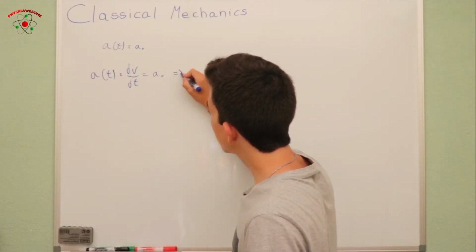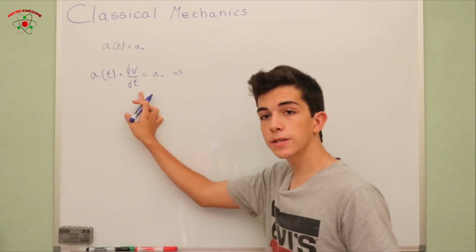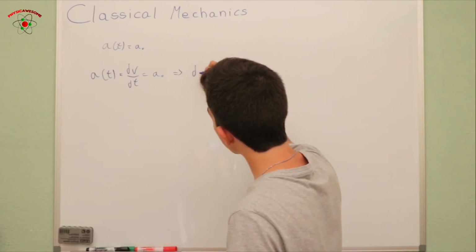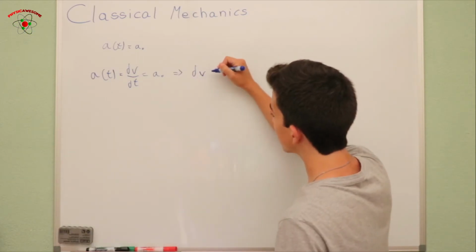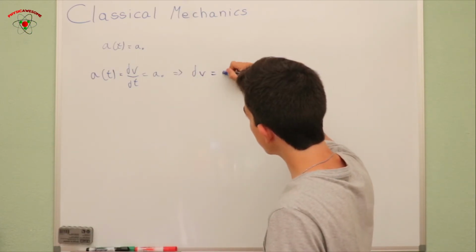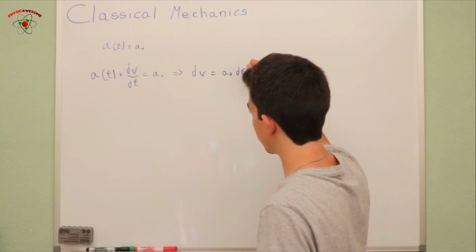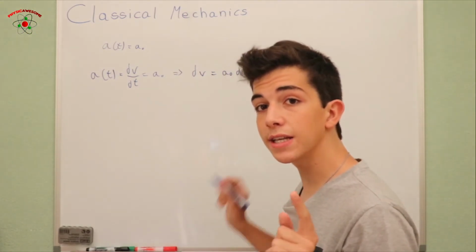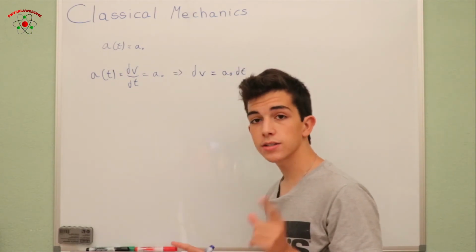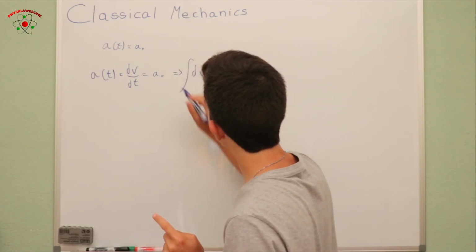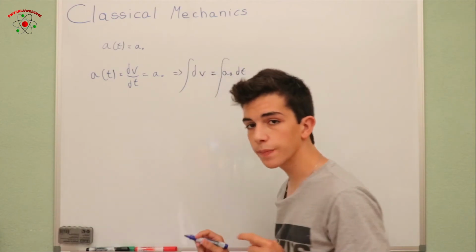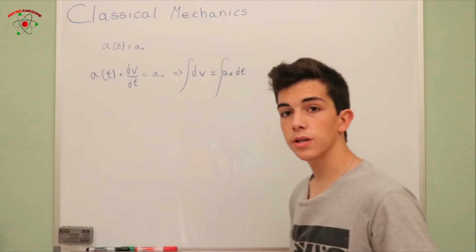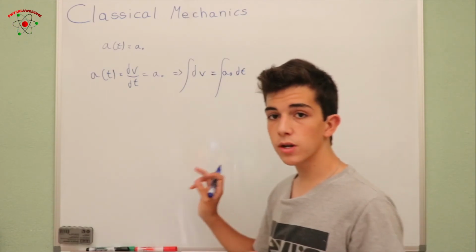We're going to multiply through by this infinitesimal contribution dt, and we're going to get dv equals a sub 0 times dt. And once we are here, we can take integrals on both sides of the equation. In physics, all of your integrals are going to be definite integrals.